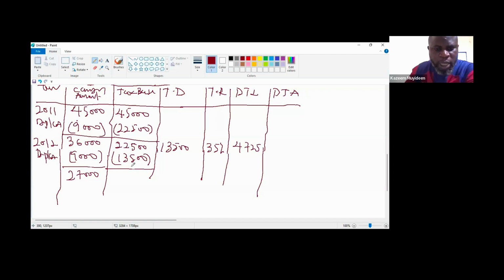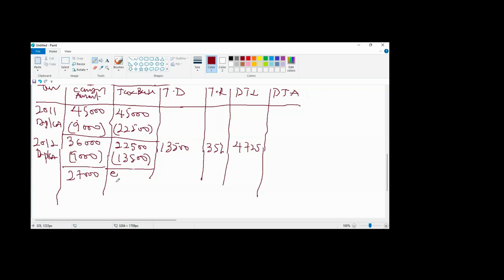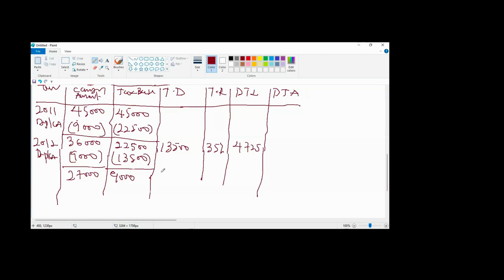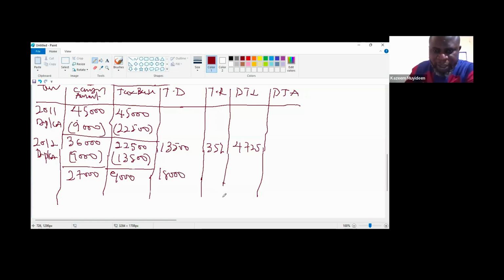Then here will give us what? 9,000. Oh, he has created a temporary difference. 27 minus 9,000 gives 18,000. Oh, tax rate has changed.